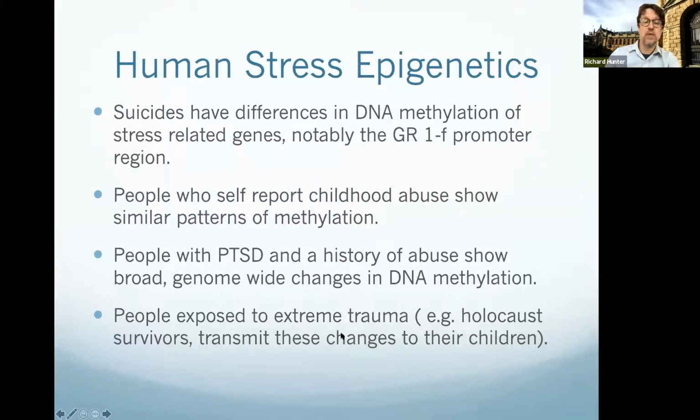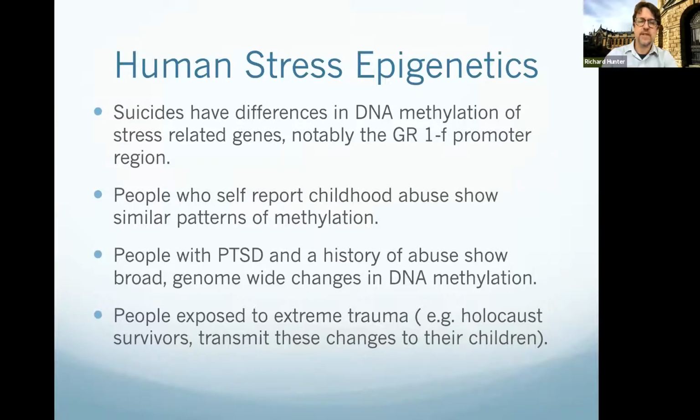So we also know too that people who have been exposed to extreme trauma do transmit some kind of epigenetic information to their offspring. The most famous early cases of this are some of the work that Rachel Yehuda at Mount Sinai has done with Holocaust survivors, but more recently, people like Elizabeth Binder and Yehuda have done with folks who went through the 9/11 disaster in 2001 or Hurricane Katrina in New Orleans.